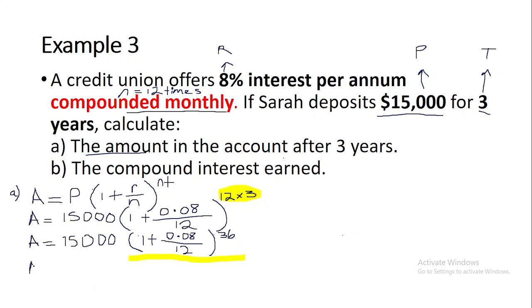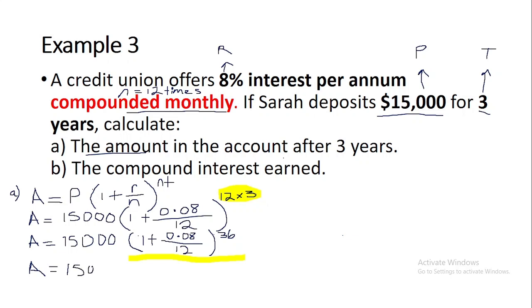For those that are listening, what you could do is use your calculator and find all of this inside the bracket, then raise it to the power, and then multiply by 15,000 to make it as accurate as possible. But for the majority of students in their exams, we're writing step by step, so I would suggest rounding it.